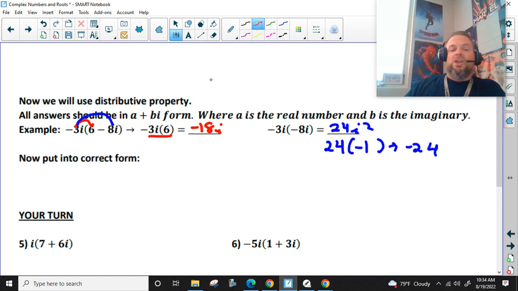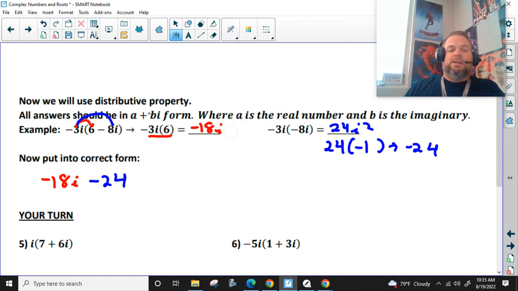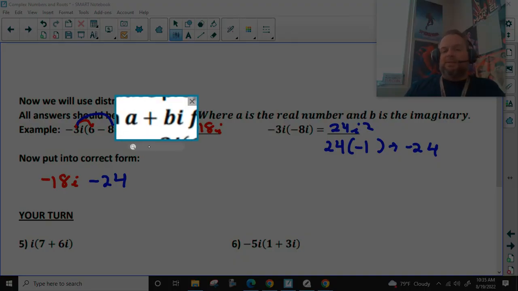Now, as people are doing this, they probably would write it like this. It should always be in this form right here: a plus bi, where a is the real number. Basically, when we say that, a is the number without i, b is the number with i.